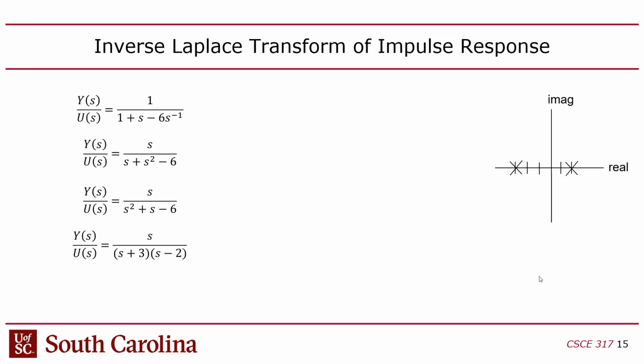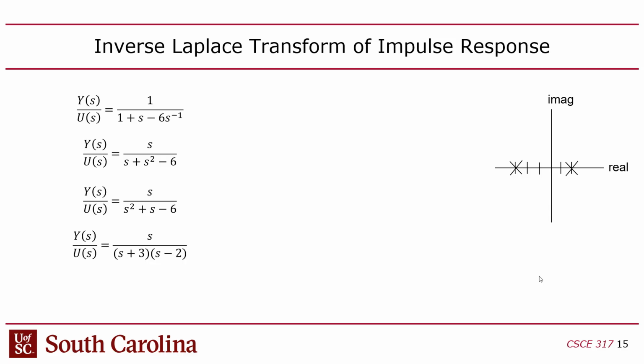The first thing I did here is I want to figure out what the poles actually are. So you start out here and you want to find out which values of S are going to make the denominator 0. In order to do that, I just multiplied the numerator and denominator by S, which put the denominator into a polynomial that I could factor.